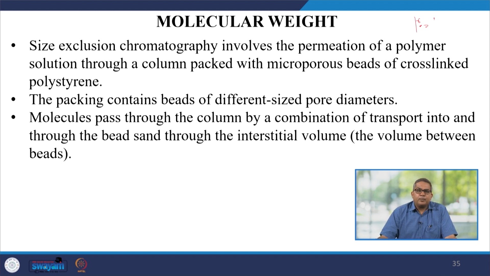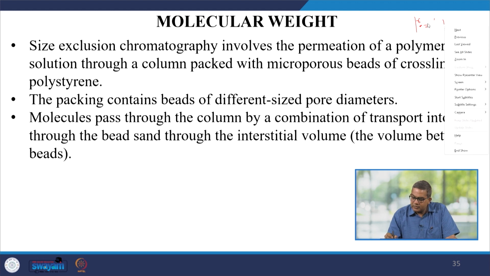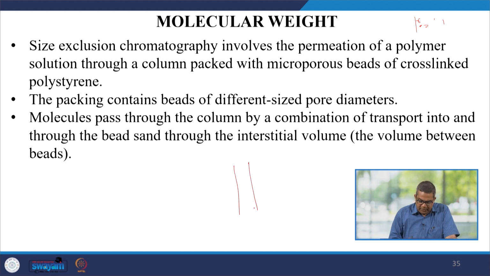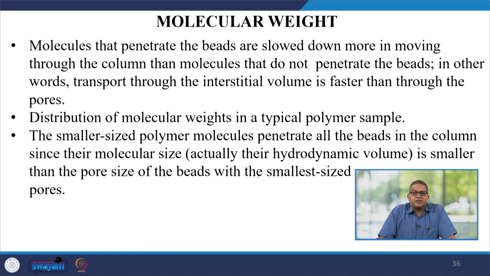The molecules pass through the column by a combination of transport through the beads and through the interstitial volume, the volume between the beads. Like this are the closely packed beads, and this is called the interstitial volume, the space between the beads.